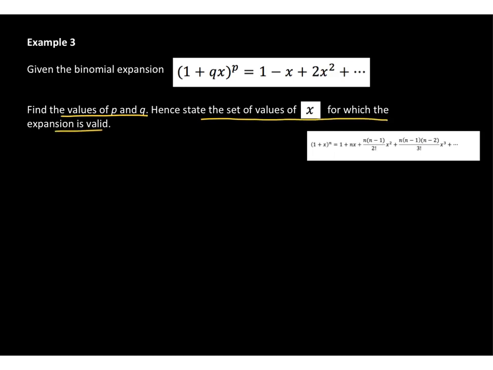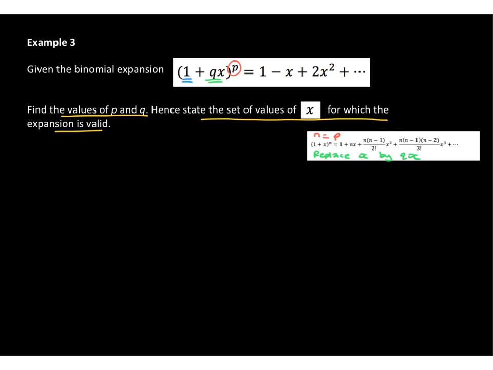So this is a really interesting question. We have a value of n, but it's equal to p. It's another unknown. We have got a value of x as a replacement, so we're going to replace x with qx.